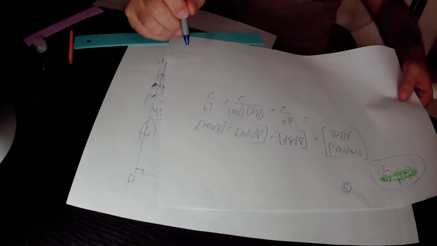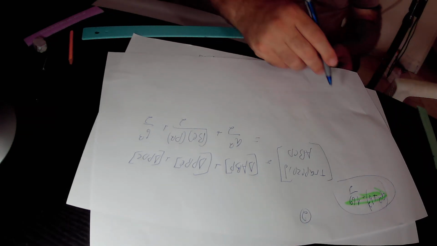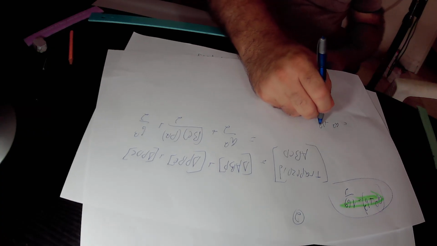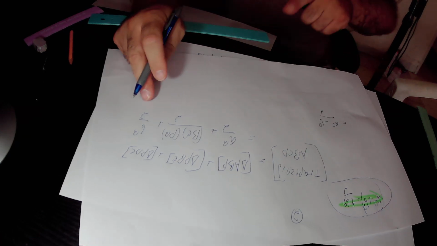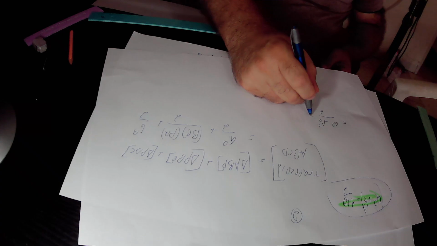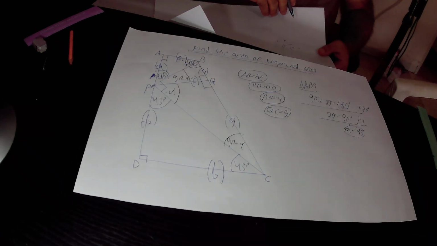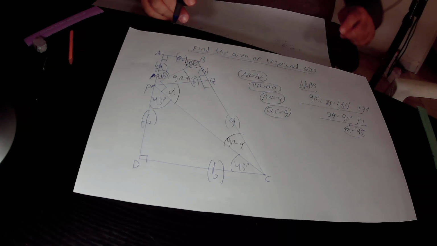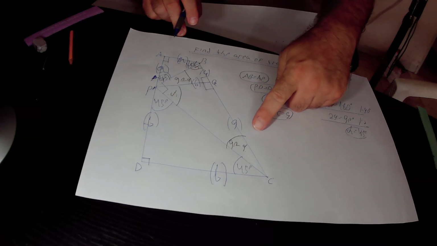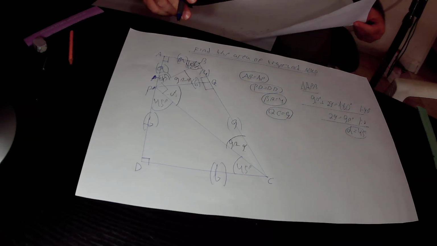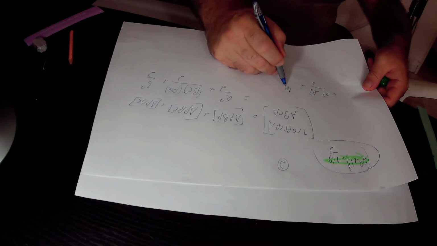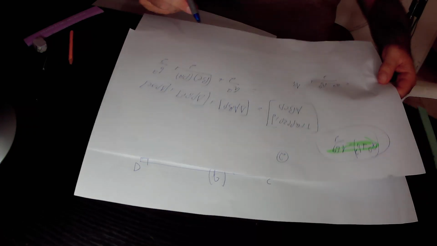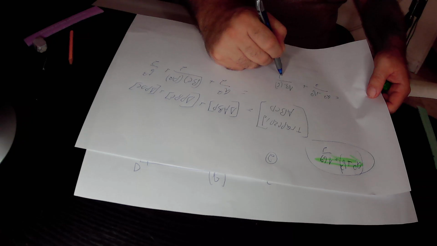So in total, we found that the area of the trapezoid equals A squared plus B squared over 2, plus BC in total, which equals 4 plus 9, that is 13, times PQ, the height PQ is 6, divided by 2.